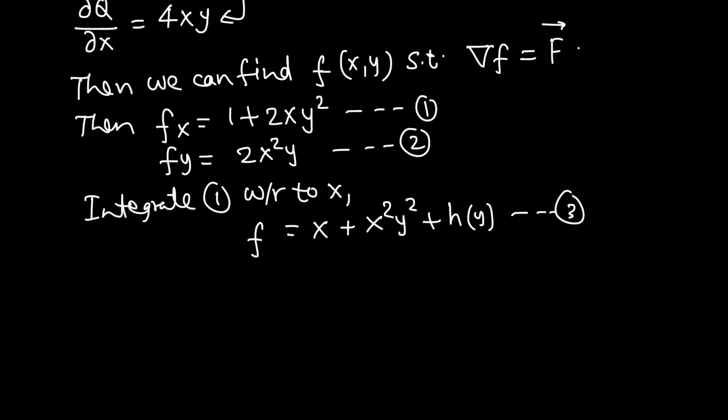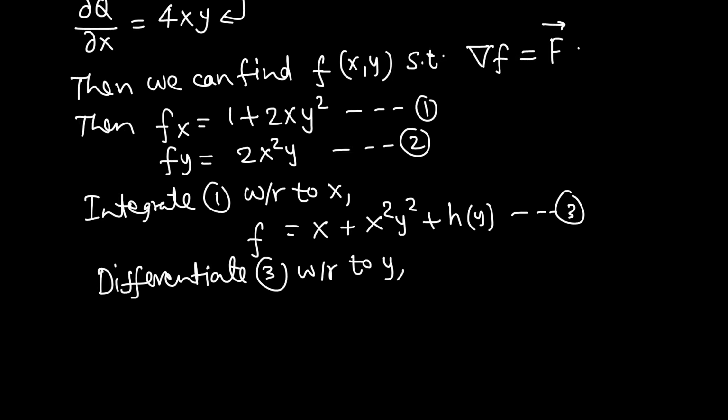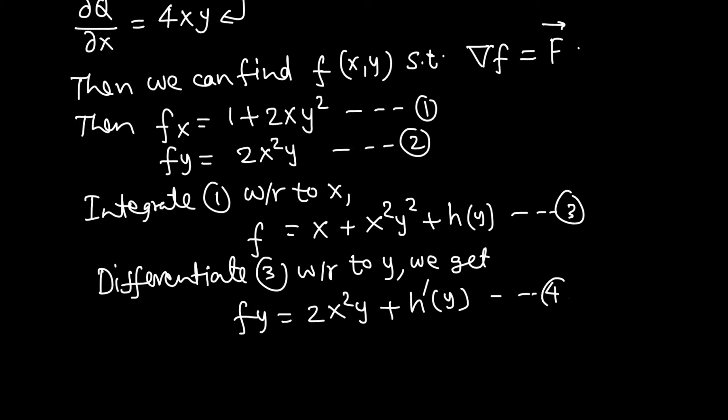Next we want to compare with 2. Look at equation 2, the partial with respect to y. So let's differentiate 3 with respect to y. So we get f_y equals 0 with respect to y, 2y, so 2x squared y, and this is a single variable function, so the partial derivative is the same as the regular derivative, so this is h prime of y, equation 4.